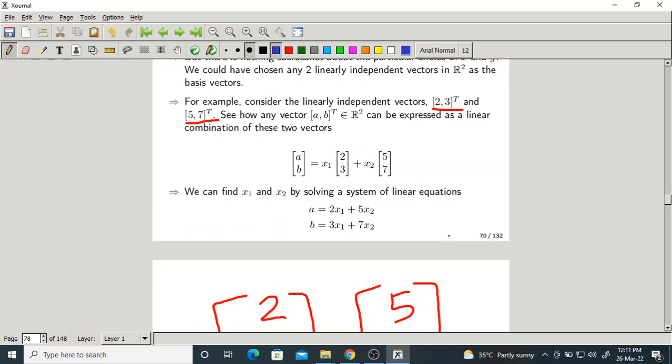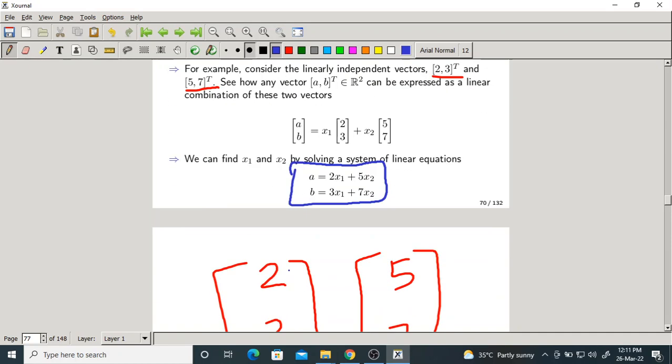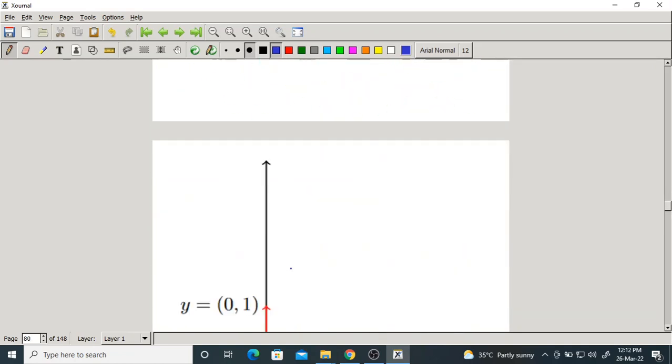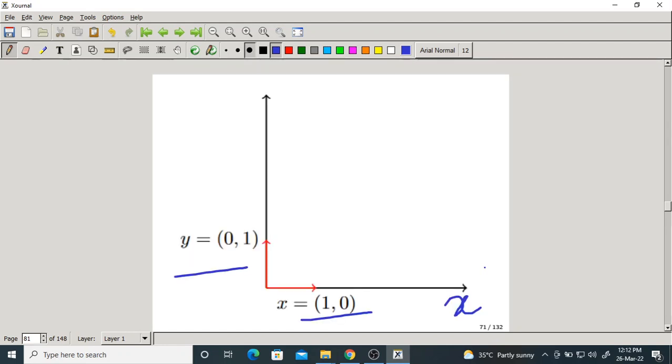So in this way, it is not compulsory that you always choose basis vectors as unit vectors along the coordinate axes. There is no such rule. You can take any vectors as basis vectors provided they satisfy certain conditions. Now, the basis vectors we took in the starting are unit vectors in the direction of the coordinate axes x, y.